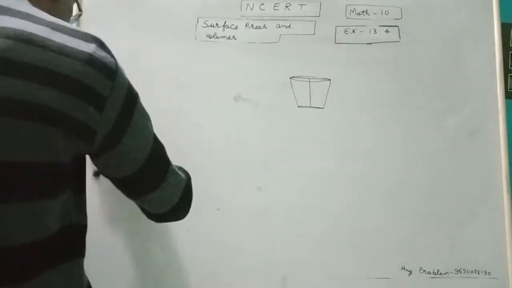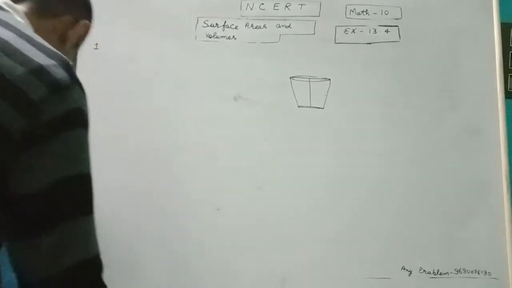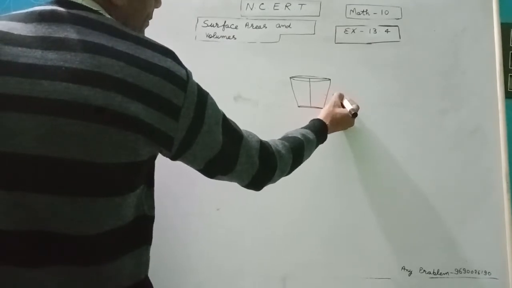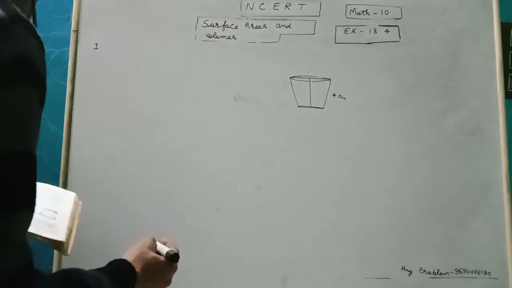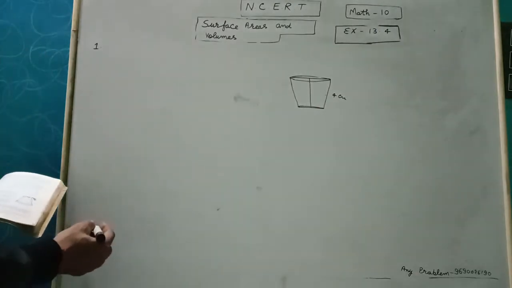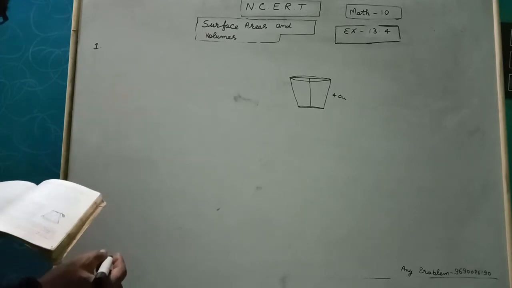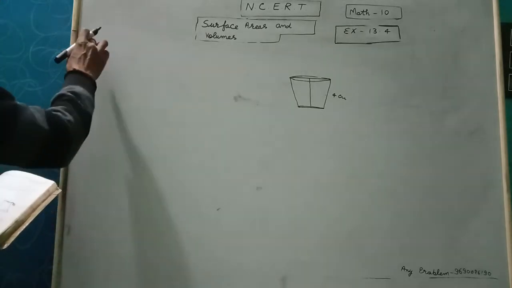the slant height is four cm, and the perimeter of the upper end and lower base. Question number 2.